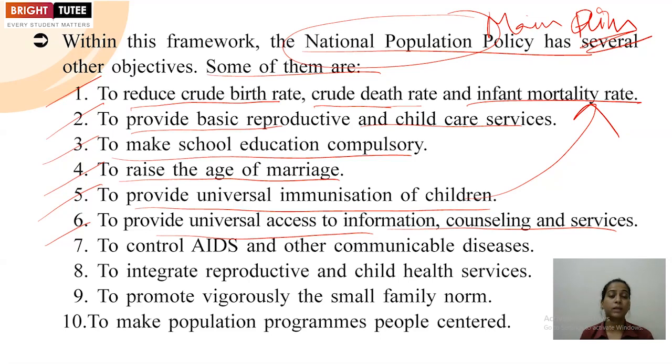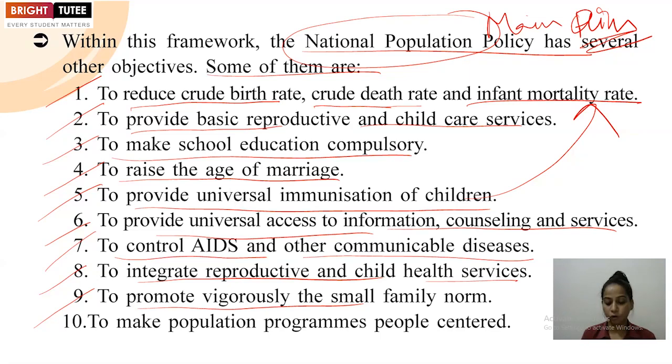No, even in the rural areas, all these services must be provided, and it should encourage people to be part of these welfare programs. Then the next is to control AIDS and other communicable diseases. Next, to integrate reproductive and child health services also. They are working on that. To promote vigorously the small family norms.